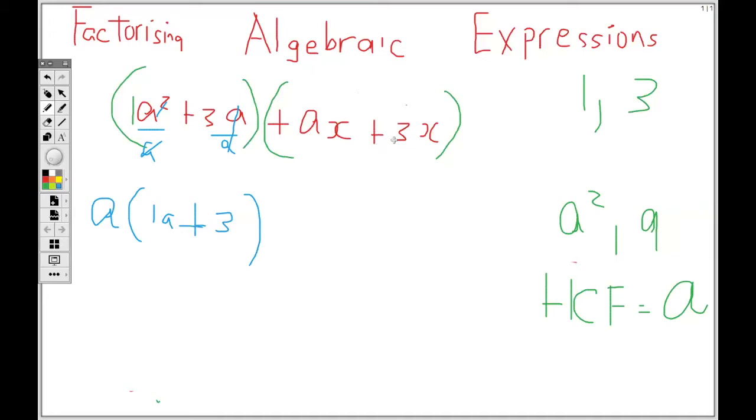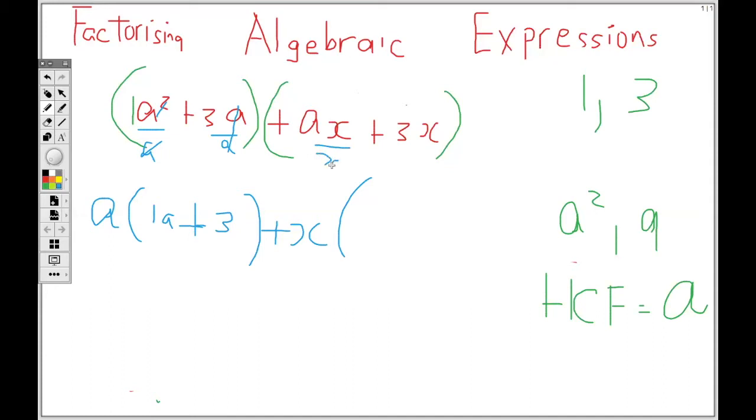Looking at the next, if you realize x is common, we can just go ahead and factor out positive x. Now, this is where we have to factor out a sign. It's either positive or negative, but both terms carry a positive sign, so we factor out a positive x.